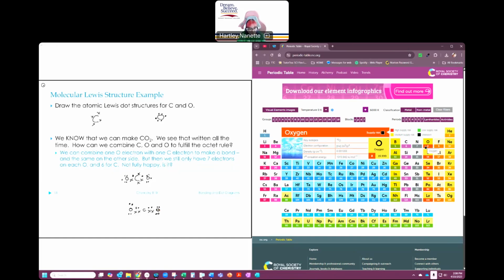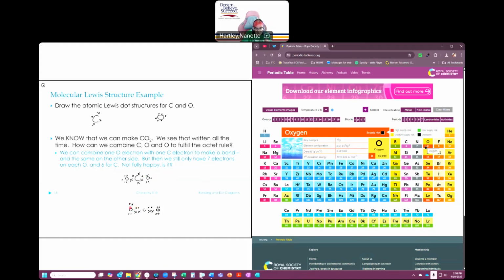So instead of leaving those stragglers out on the side, I pulled them into the middle. I took this electron from the top and this electron from the top, and I pulled one over here and one over here, and pulled the stragglers from the sides in and made double bonds. And now let's count those electrons again. 1, 2, 3, 4, 5, 6, 7, 8.